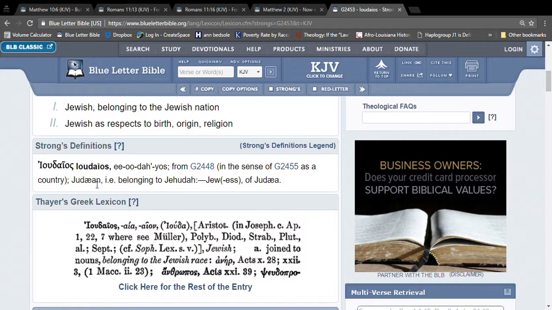It doesn't say what their nationality is or what their ethnicity is. Being from Judea is the same as someone saying she's from America. Okay, but what does that mean? Is she African? Is she Italian? Is she Native American? Is she Indian? Is she a Hebrew? Is she an Israelite? It doesn't really answer those questions. And so it was kind of the same thing.